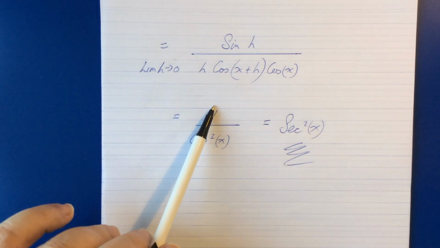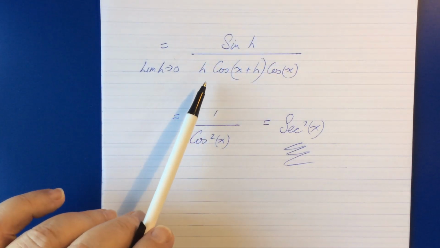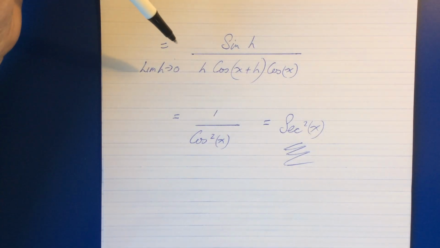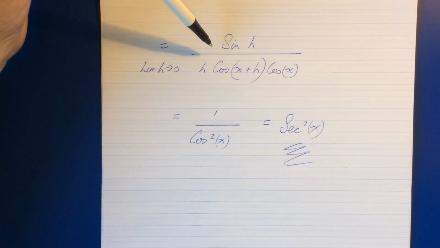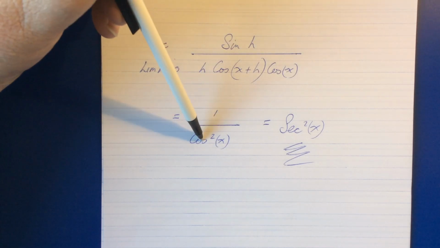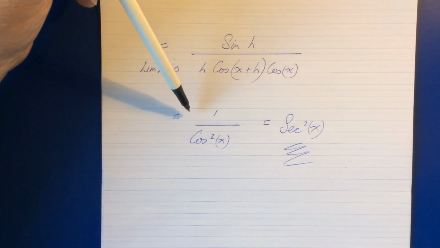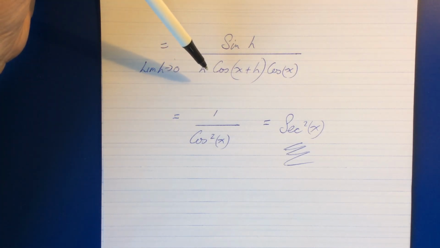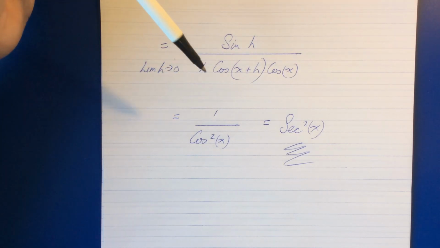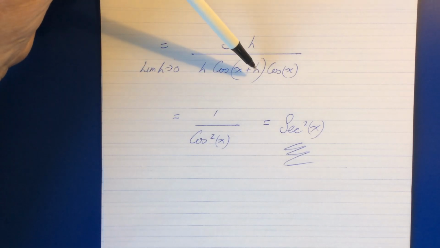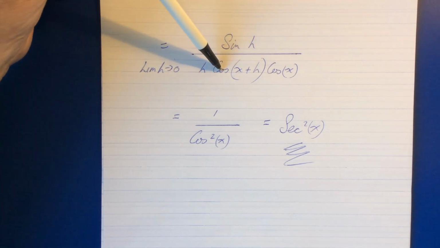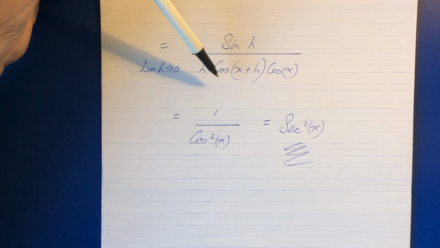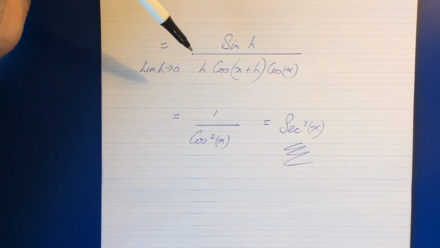Well, we can see that. A little more simplifying here. A little more simplifying, and what we wind up with is 1 over cos squared x, because we wind up with this times this and h tending to 0, so our h's basically disappear.